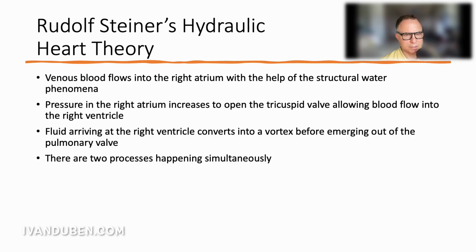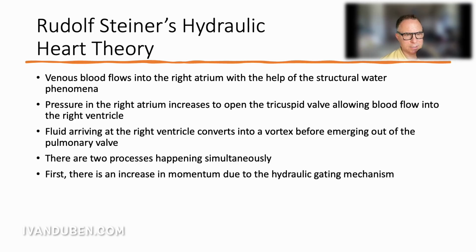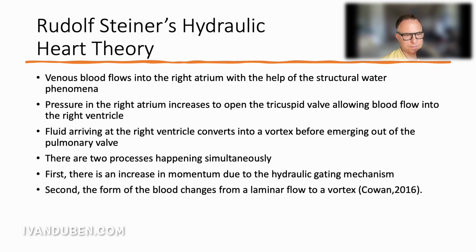There are two processes happening simultaneously. First, there's an increase in momentum due to the hydraulic gating mechanism. Second, the form of the blood changes from a laminar flow into a vortex. And my understanding is that vortex is continued as the blood is moving through the plumbing of the arterial system in a spiraling motion.